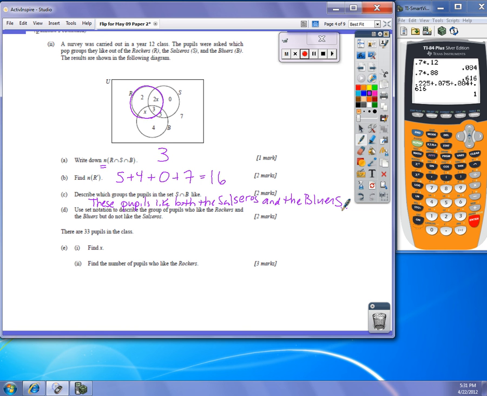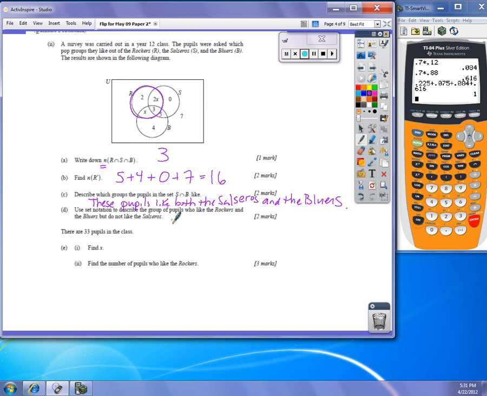Okay, use set builder notation, and we've talked about this before, to describe the group of pupils who like the Rockers and the Bluers, but they don't like Salseros.